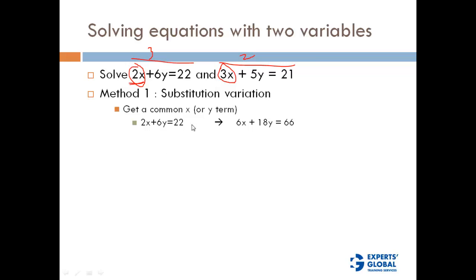So let's say I multiply this equation by 3, I get 6x plus 18y is equal to 66. The second equation I multiply by 2, so I get 6x plus 10y is equal to 42. Now I have 6x on both sides, so I'll subtract one equation from the other.